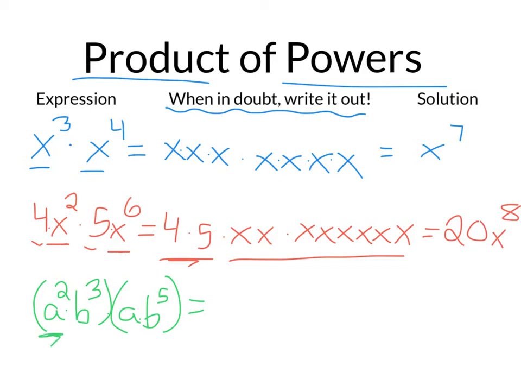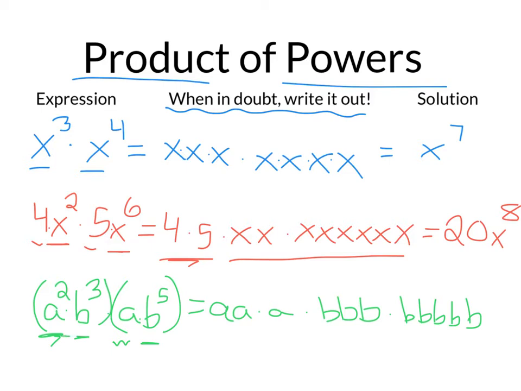So a squared simply means a times a. And then over here I also have an a. And then b to the third means b times b times b. And b to the 5th means b times b times b times b times b.